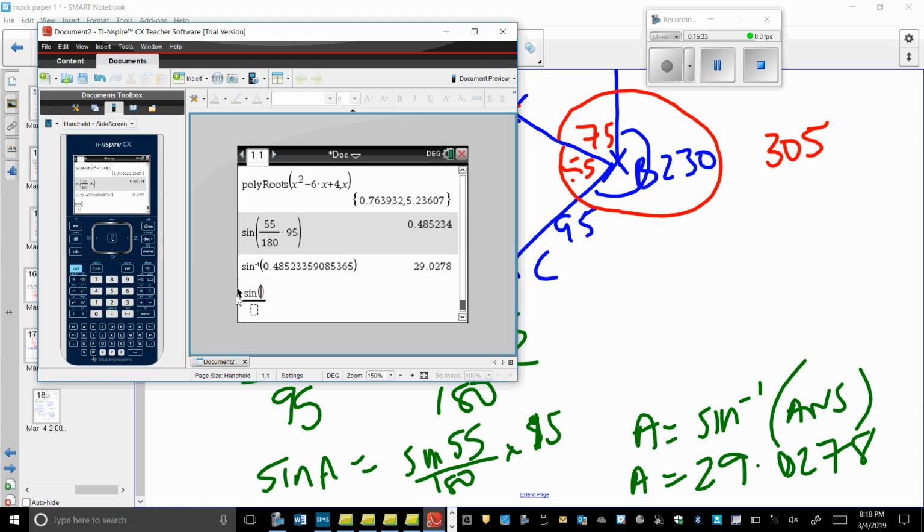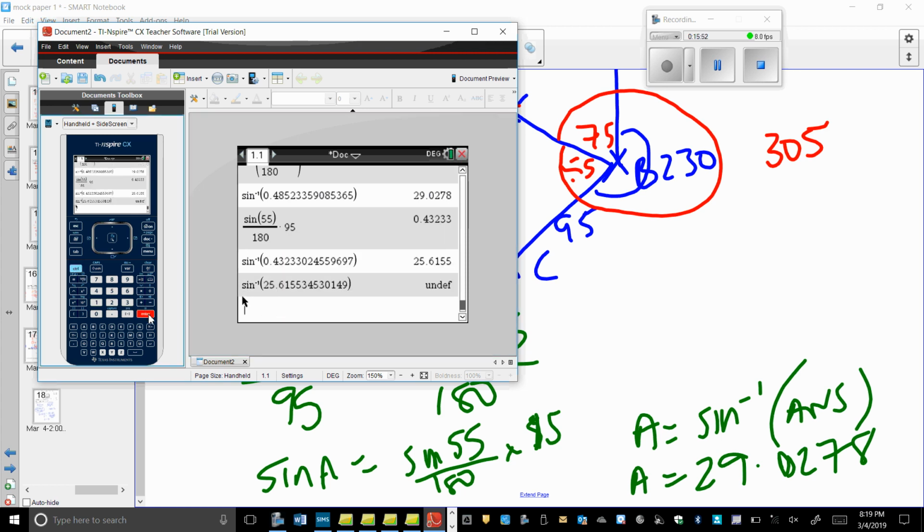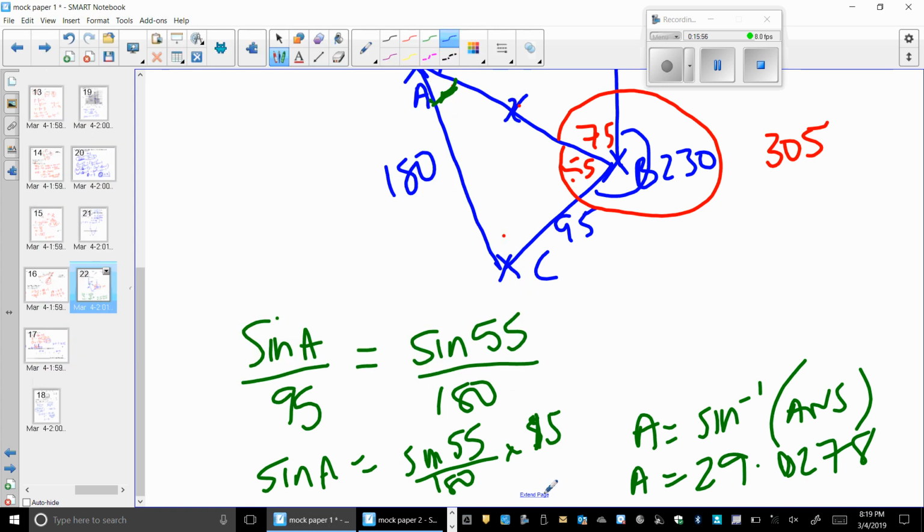Let's do it this way: sine 55 over 180 multiplied by 95, and then inverse sine the answer. So forget what I just wrote there.